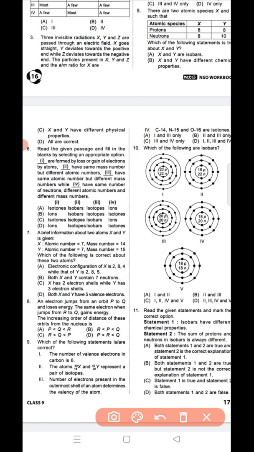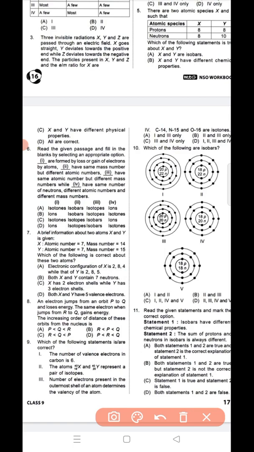Number 3 have the same atomic number but different mass numbers, while number 4 have the same number of neutrons, different atomic numbers and different mass numbers. The options are: isotones, isobars, isotopes, ions; ions, isobars, isotopes, isotones; and so on.